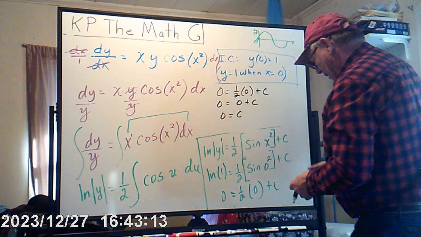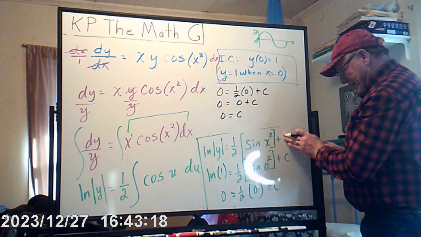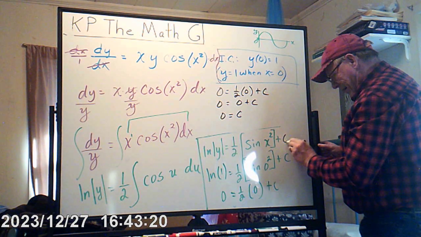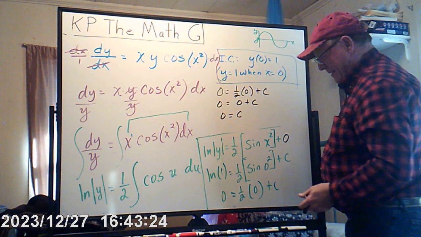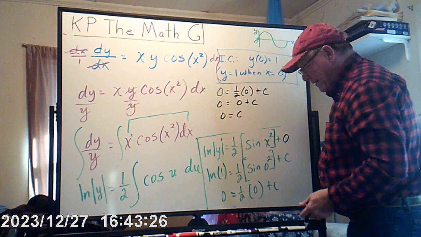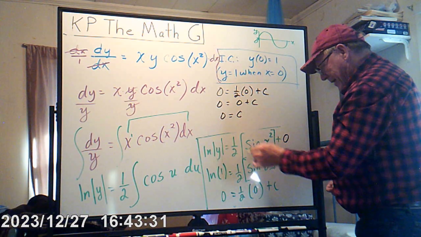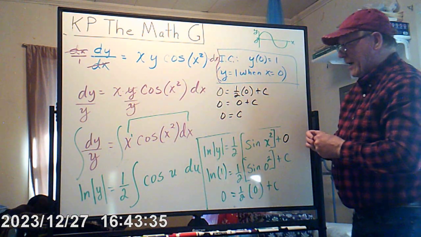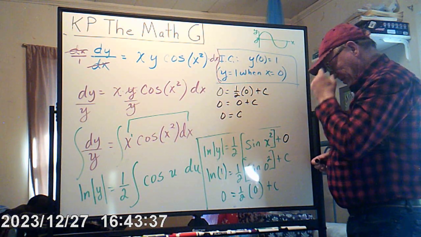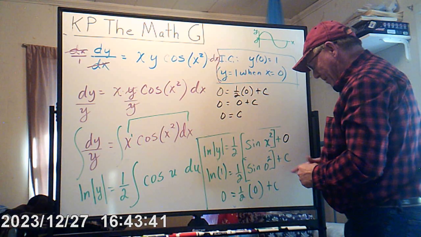When we plug 0 in for this, we get 0 right here. And basically that is what I find here. So ln y is equal to 1/2 sine x squared.